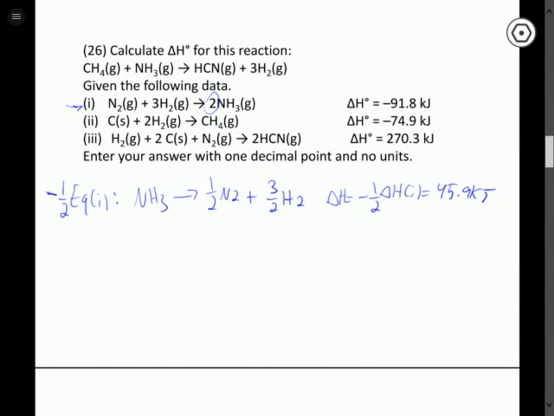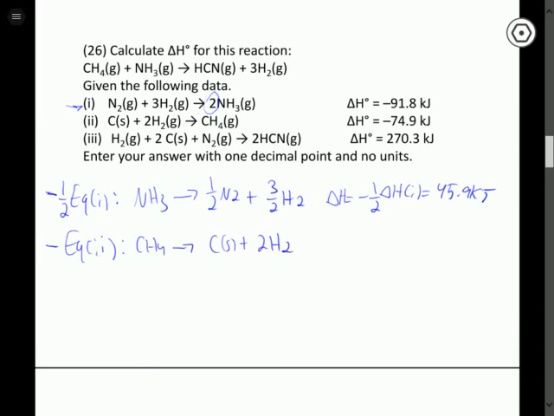So equation 2 has methane as a product, CH4. What we want is it on the reactant side for our overall reaction, so we're going to flip equation 2, but this time we don't need to modify the coefficients because this already has a coefficient of 1 in front of CH4. So if we take the inverse of the second chemical equation here, we get CH4 going to carbon and 2 H2s.